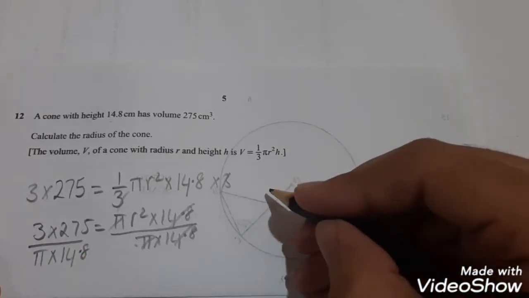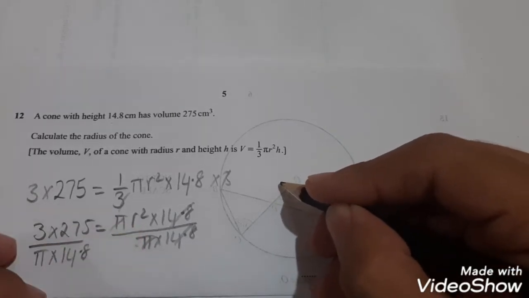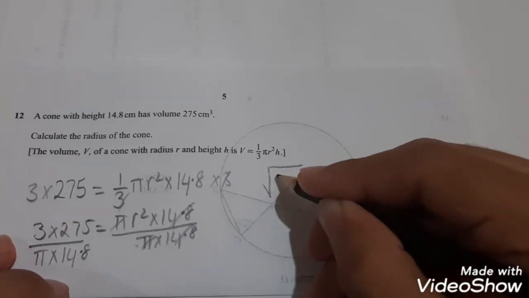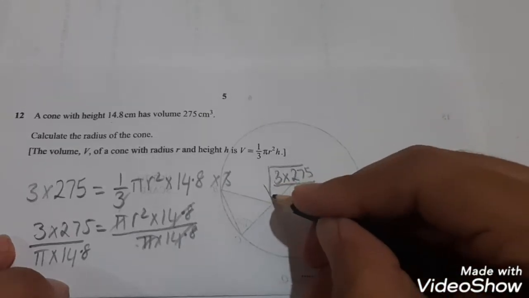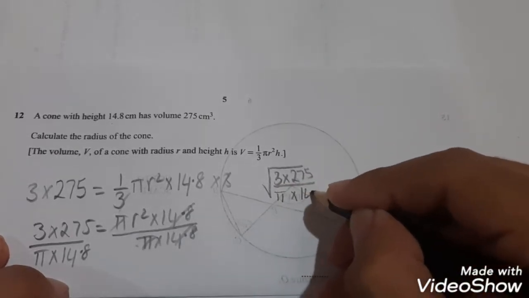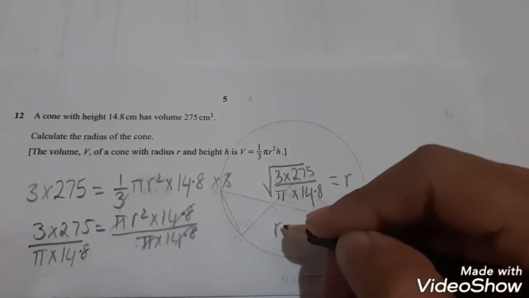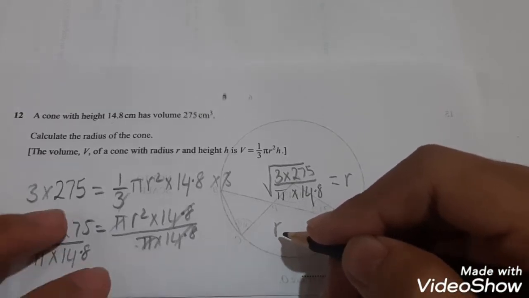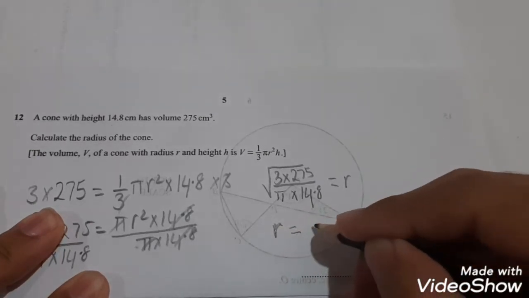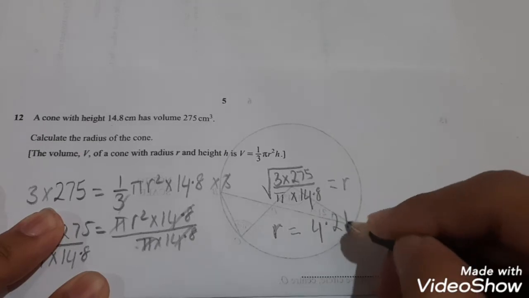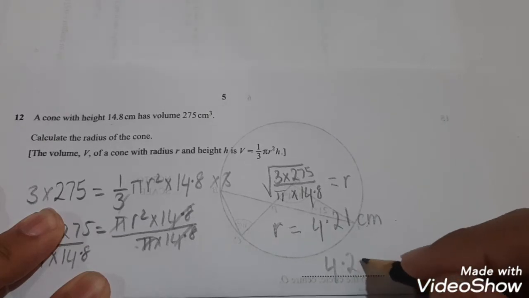Then we will remove the square of r and put it on the left side by writing it as the square root of 3 multiplied by 275 divided by pi multiplied by 14.8 is equal to r. So the value of r will be 4.21 centimeter. So we will write 4.21 as our final answer.